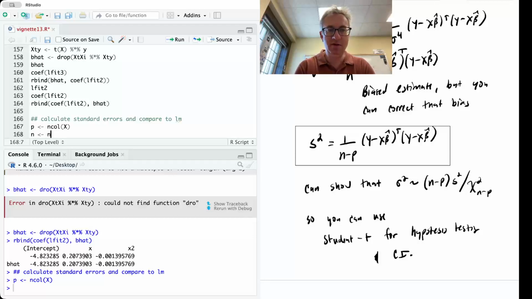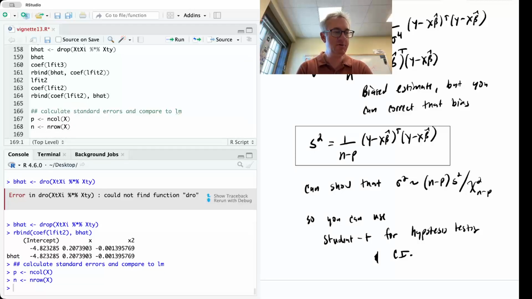And n is the number of rows of X. And my estimate of s squared is going to be the sum of y minus X times beta hat, and I could write that as a vector and its transpose in a dot product, or I could just sum those squares because they're the same on both sides of the dot product, divided by n minus p.